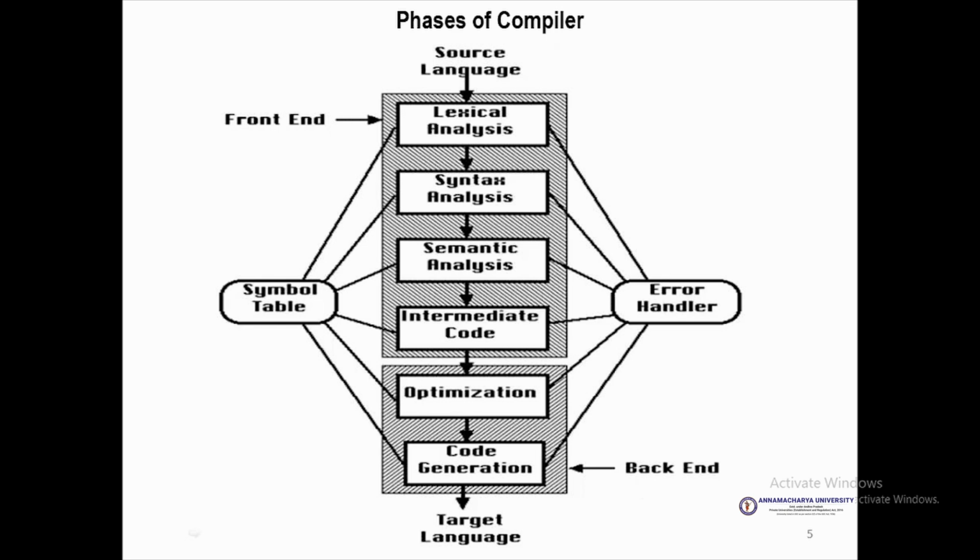All these phases are connected to two elements: one called the symbol table and the other the error handler. The first four phases are called front end phases, and the last two phases, optimization and code generation, are called back end phases.